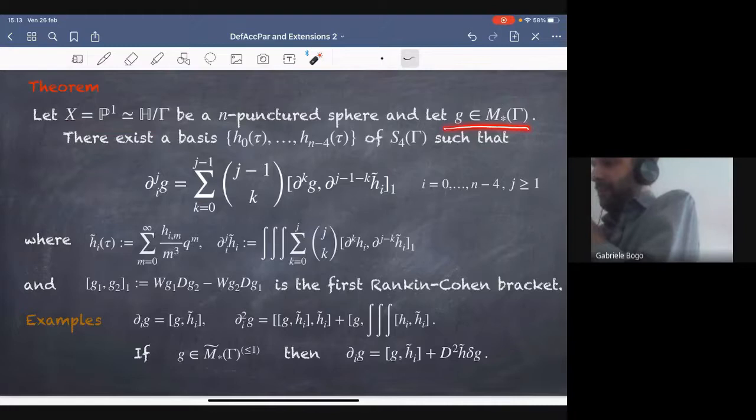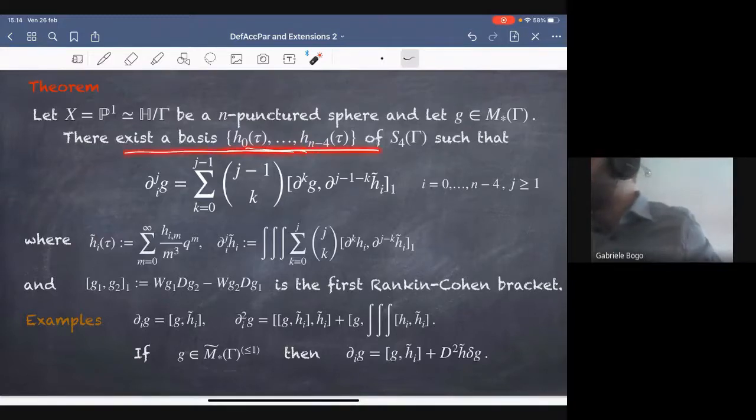We have a modular form on the uniformizing group. And then the result is that there exists a basis of the space of cusp forms of weight 4, which is of dimension n-3, which is precisely the number of accessory parameters.